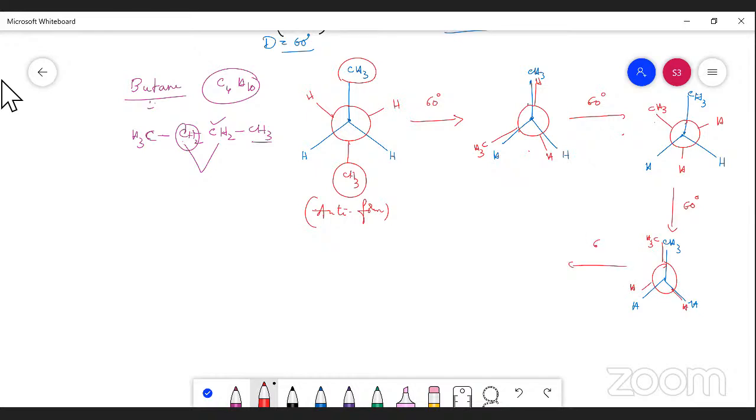If you rotate this further 60 degrees: CH3, hydrogen, CH3, hydrogen.